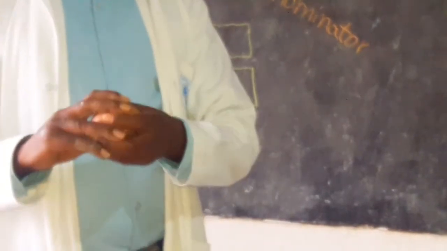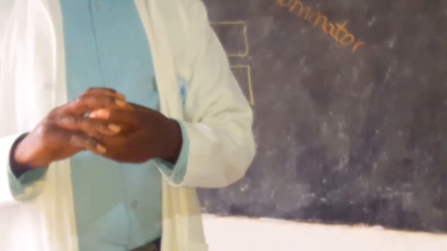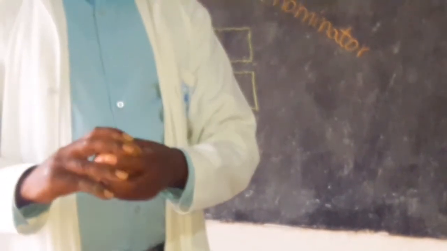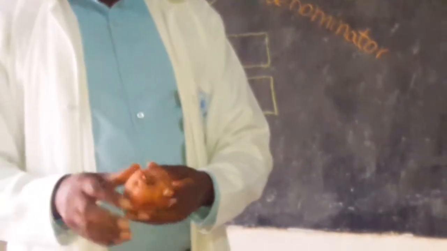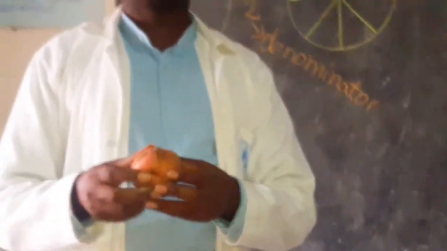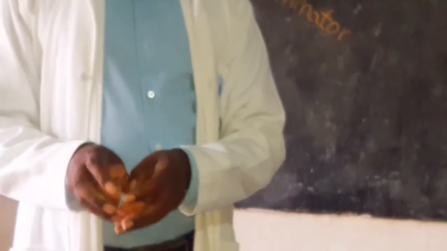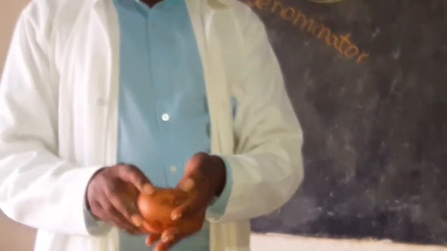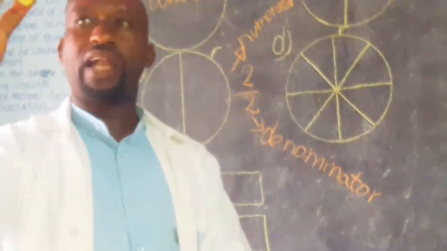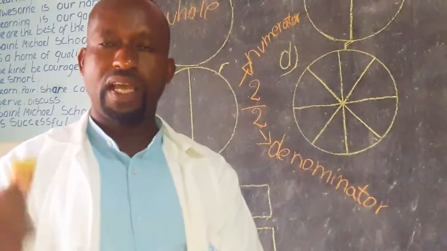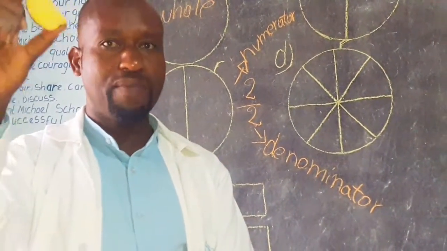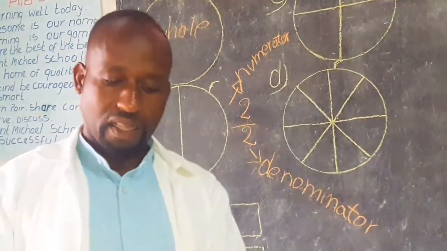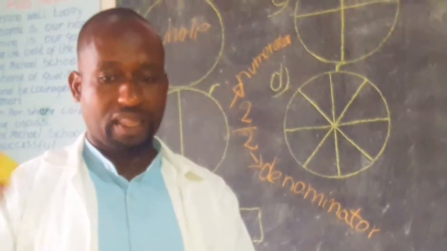And the number of available parts is what we call in a fraction the denominator. Here the denominator is 4. And the number of the taken parts among the available parts is called the numerator. If I take 1 in 4 parts, 1 is the numerator and the 4 parts is the denominator.